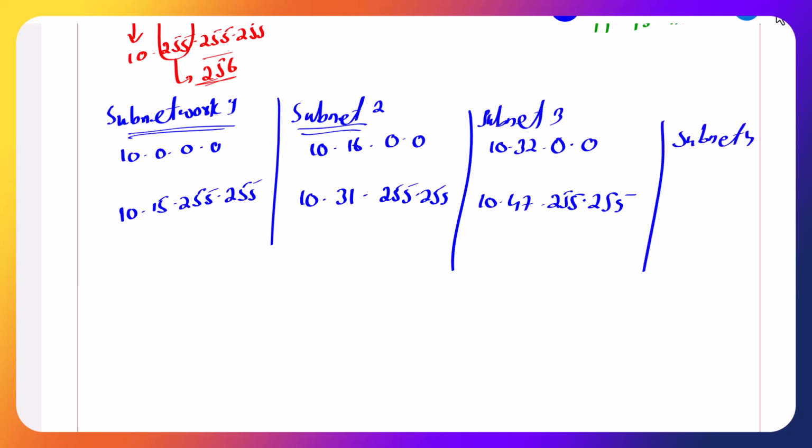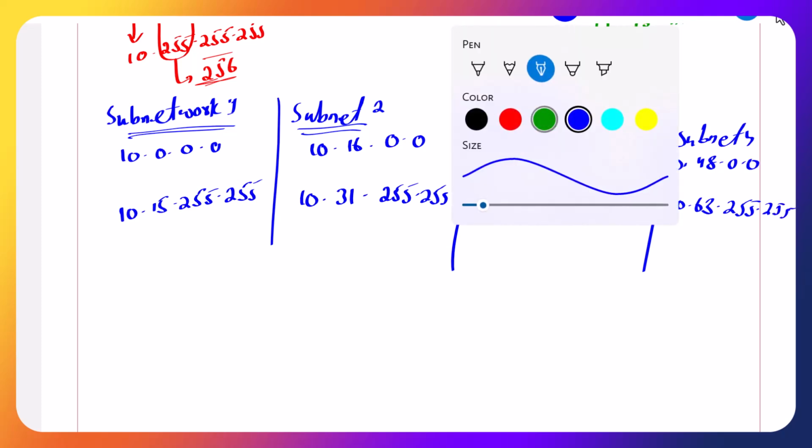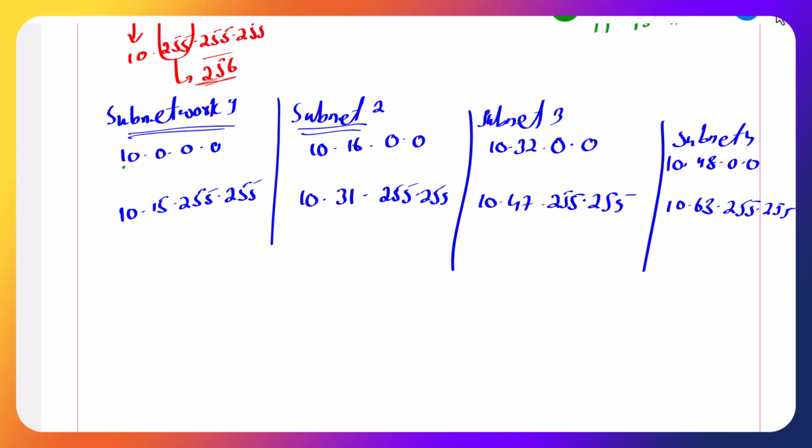Subnetwork 4: 10.48.0.0, 10.63.255.255. Okay, and the first and last valid address, very simple: increase 1 and decrease 1 from the last one.